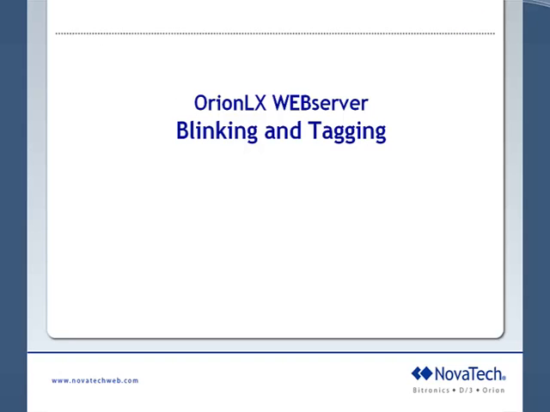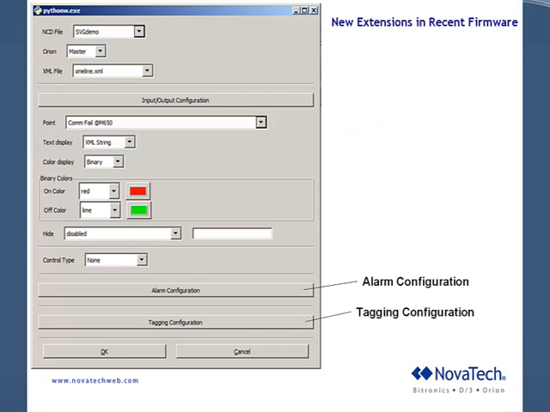There are other functions that we've added in, blinking and tagging. When you see that drop-down window, you'll see there's additional selections for alarm configuration and tagging configuration.